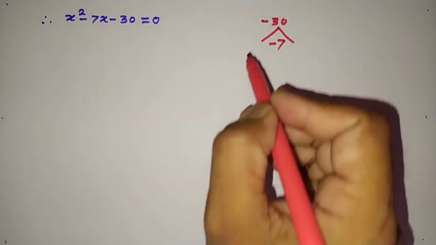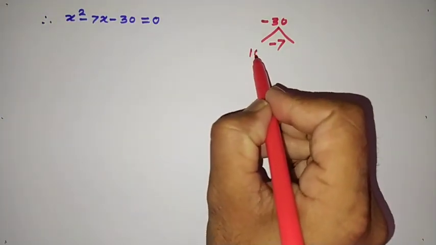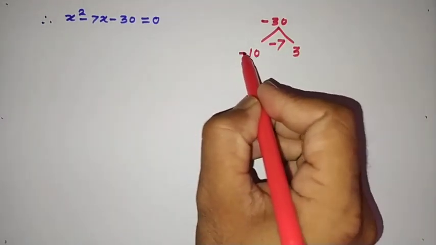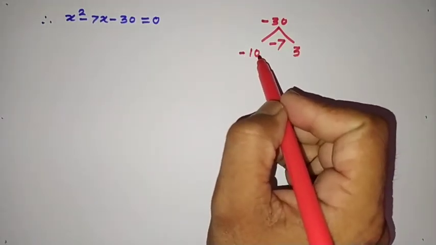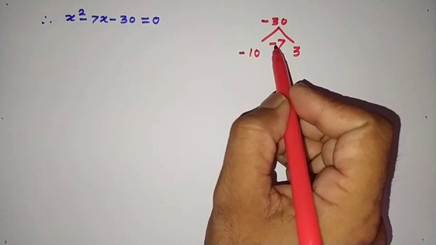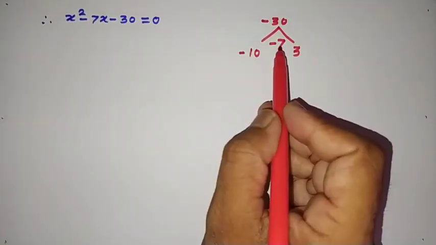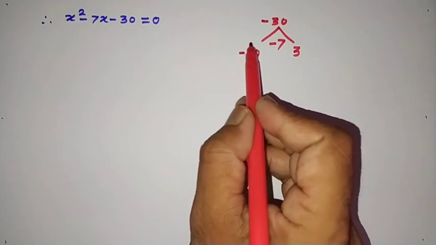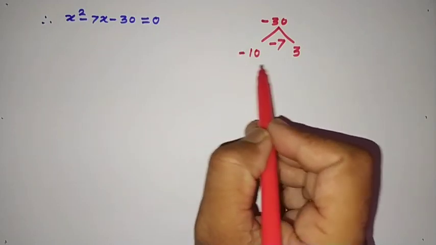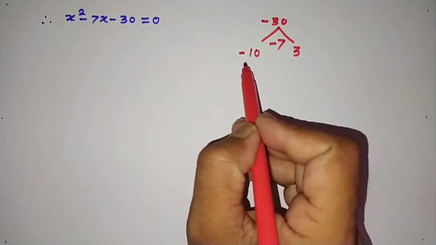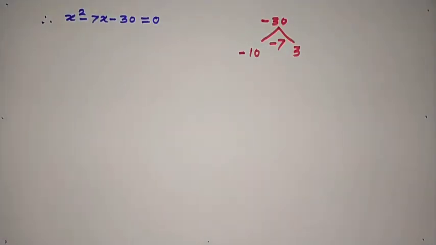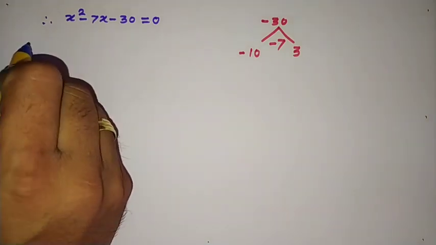Find two factors. Factors are easy: 10 times 3 is 30. Give the minus sign to the greater number, because the middle term is minus and its sign goes to the greater number. The two factors multiply to minus 30 and their sum is minus 7. Write down in the factor form.